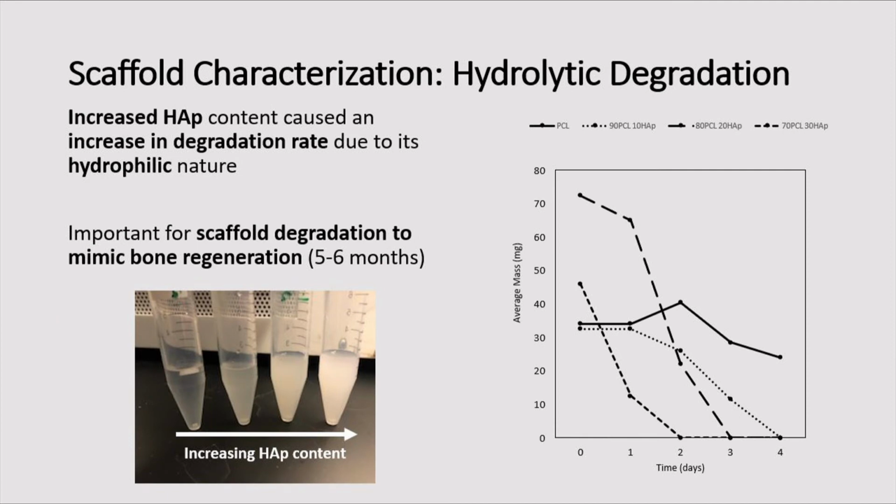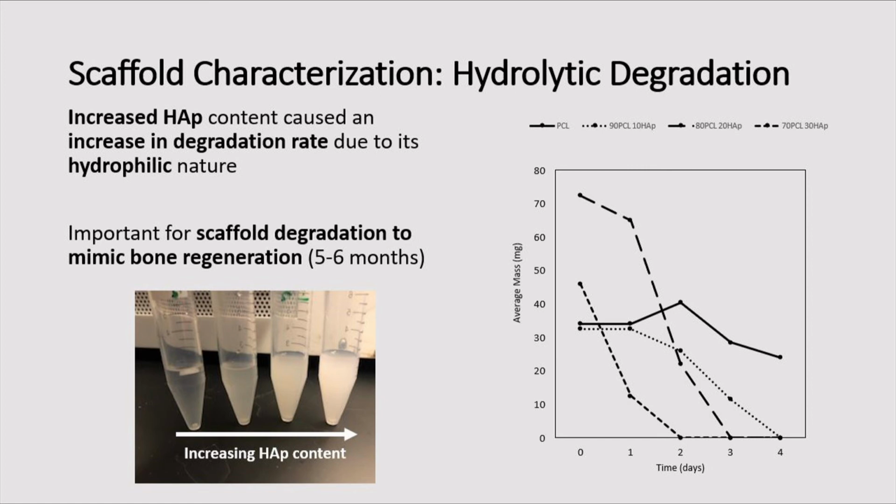Scaffolds were submerged in 5 molar NaOH for 4 days. The strand size of the scaffolds was observed to decrease in size over time until the scaffold was completely dissolved. An increase in HAP content caused an increase in degradation rate.